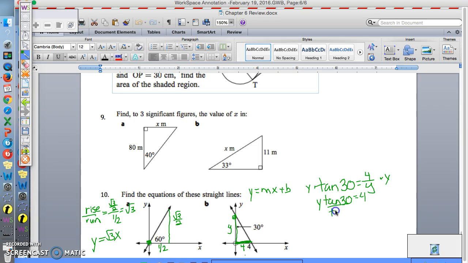And then if we divide by the tangent of 30, let's see, what do we end up with? So y is 6.93. So our equation is y equals our slope times x, plus our y-intercept, well, that's got to be 6.93.